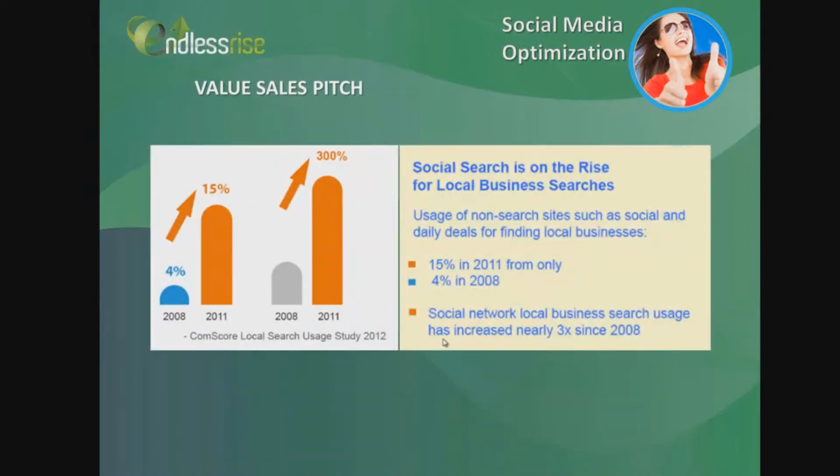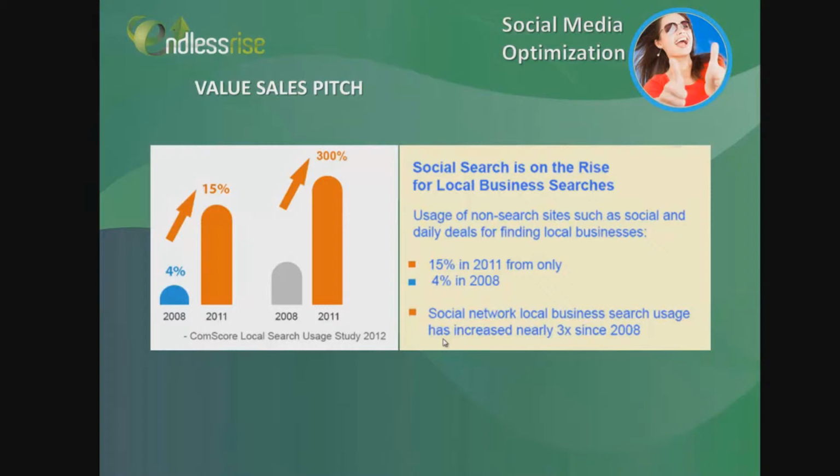In terms of where the trend with social media is going, in a survey in 2008, they asked people how many of them actively engage in social sites, and for instance, in daily deal sites for finding local businesses.